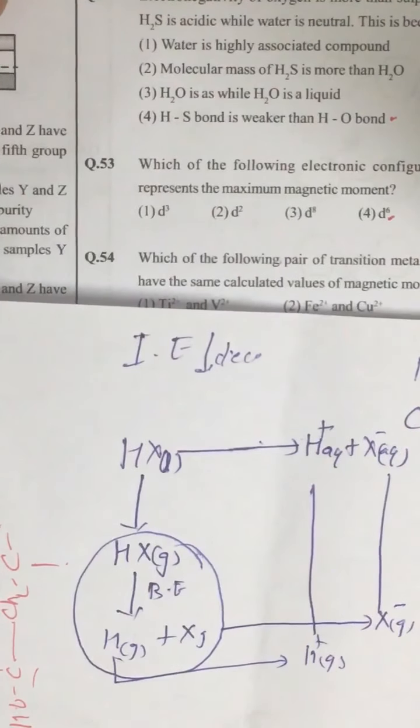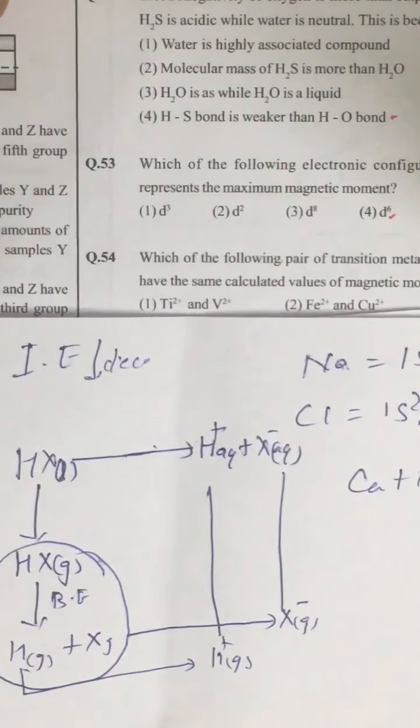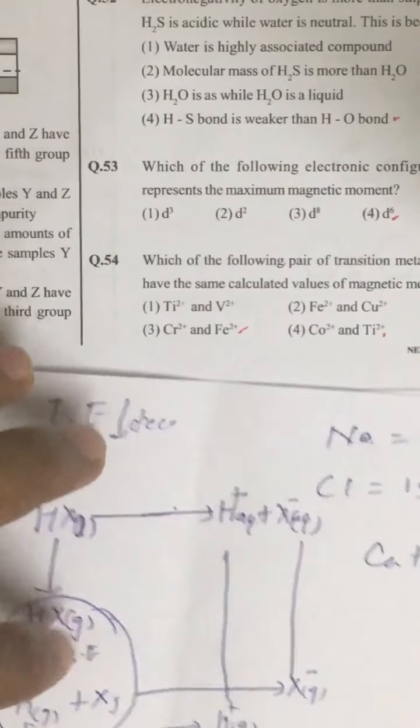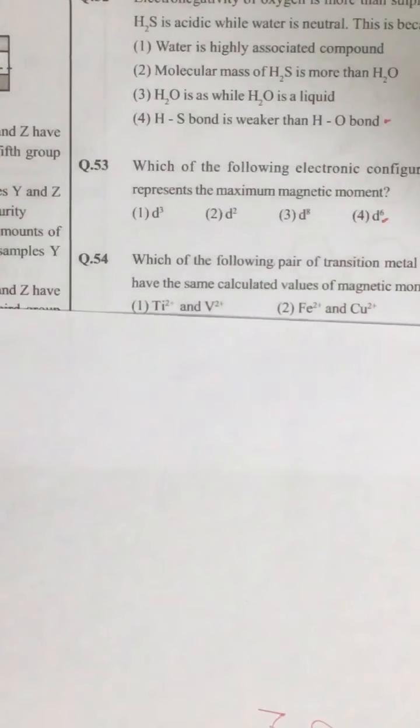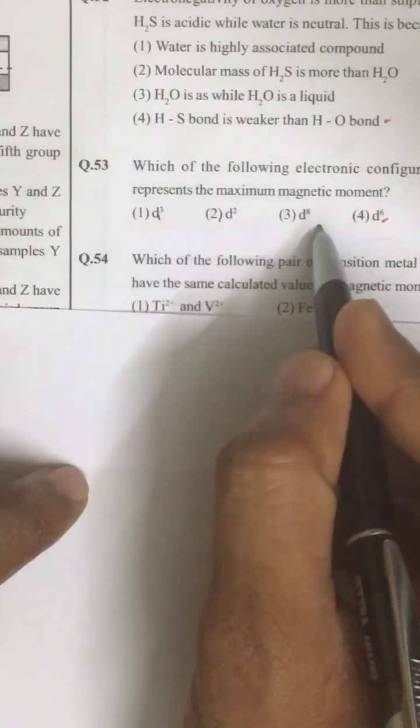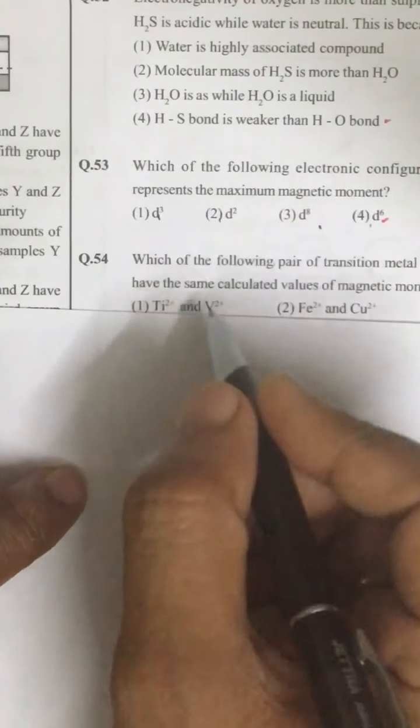Look at question number 53. Which of the following electronic configurations represents maximum magnetic moment? See, we have d3, d2, d8 and d6.